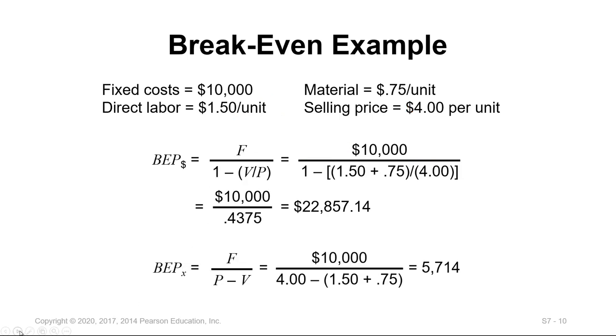The break-even point in units, using the previous formula, will equal 5,714 units. So this is the number of units that will be required to break even with the cost, and this is the dollar amount that will be required to break even with the cost.